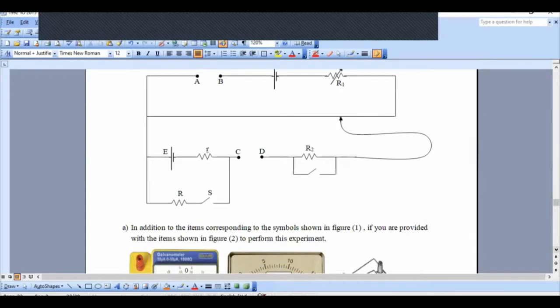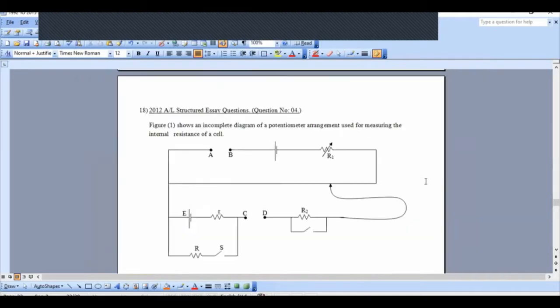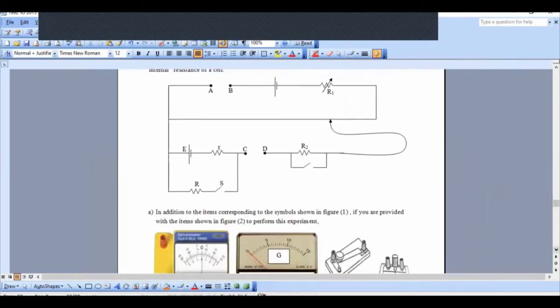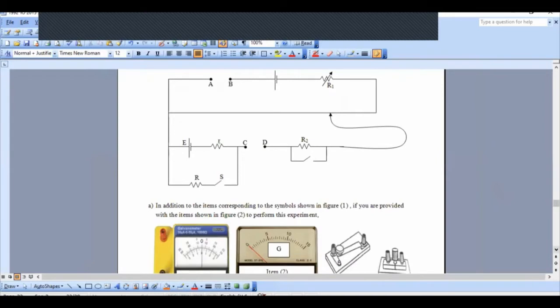Simple question (a). Let me reduce the size, then only we are able to see it. Sorry. In addition to the items corresponding to the symbols shown in figure 1, you are provided with the items shown in figure 2 to perform this experiment.